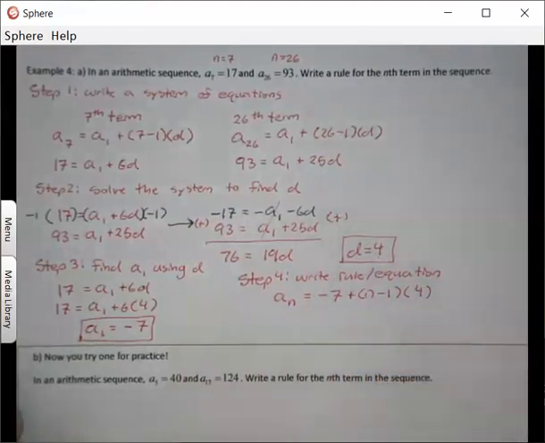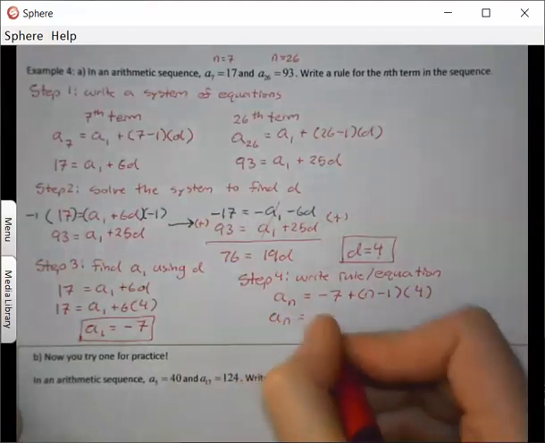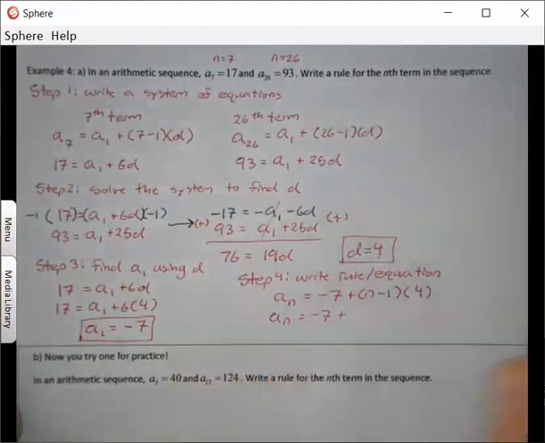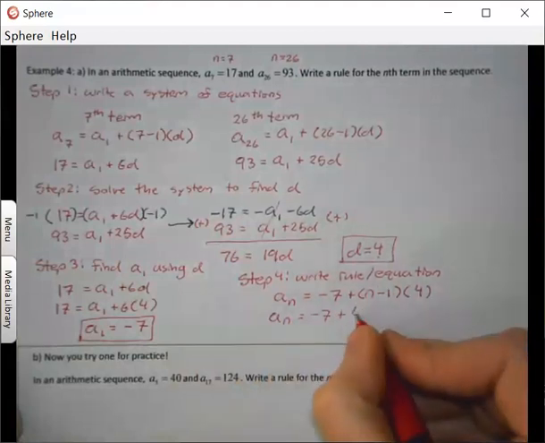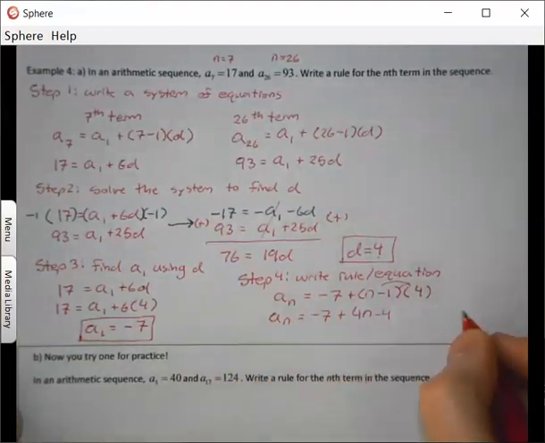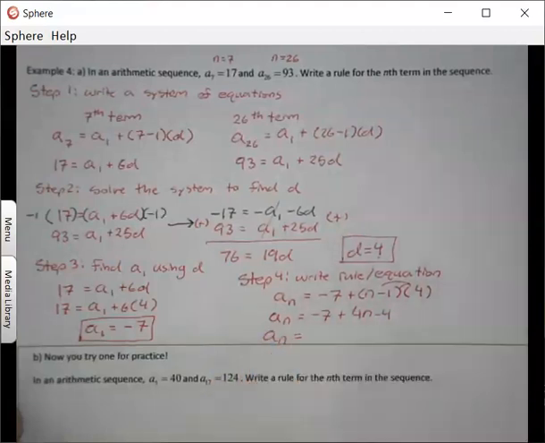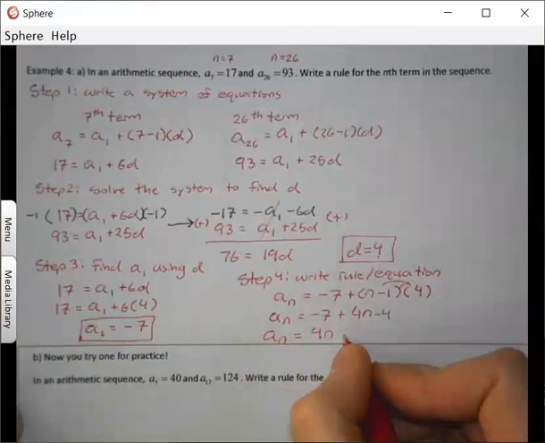So distribute, combine like terms. So 4n minus 4, or a sub n is equal to 4n minus 11.